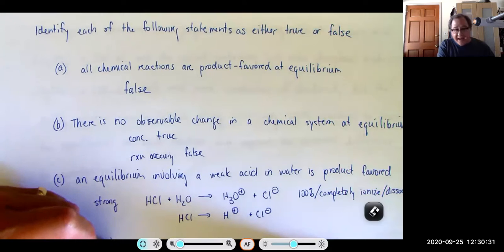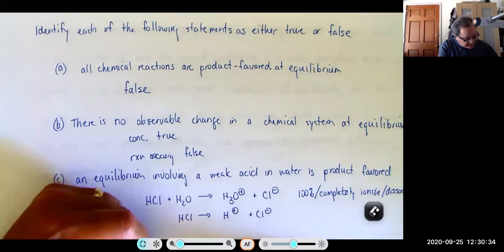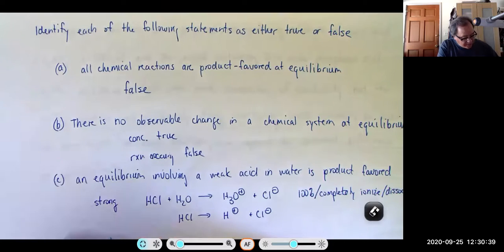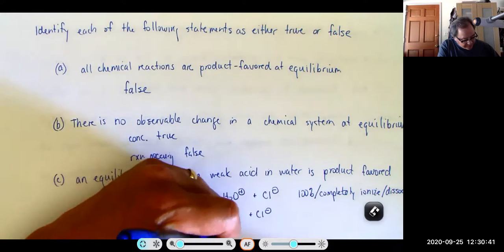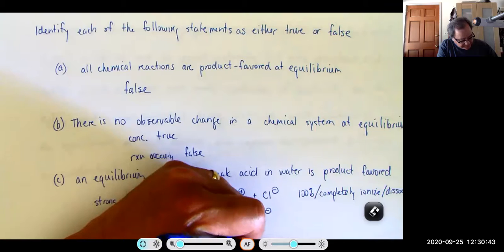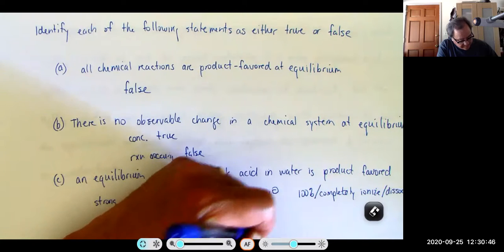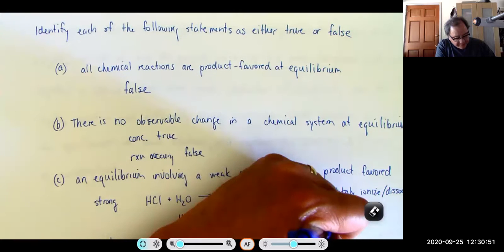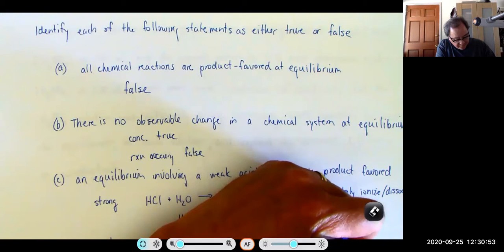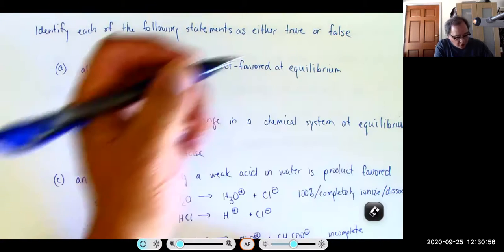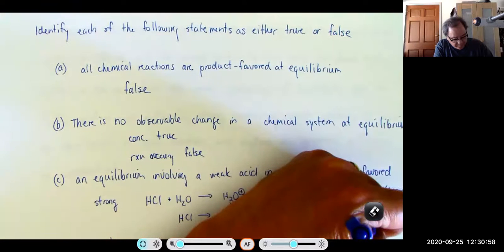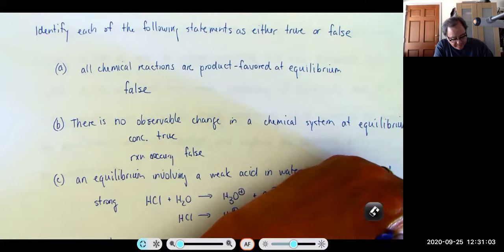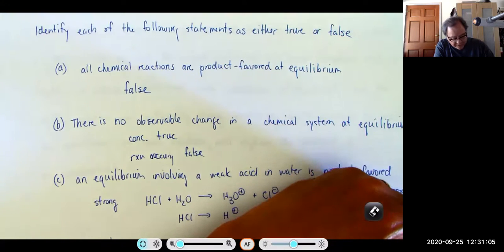Now, an example of a weak acid is this. It's called acetic acid. You find it in vinegar. When it reacts in water, this is what happens. So this is incomplete or partial ionization or dissociation.